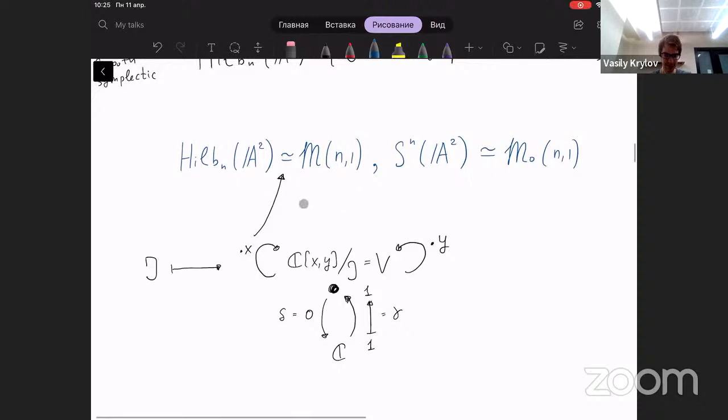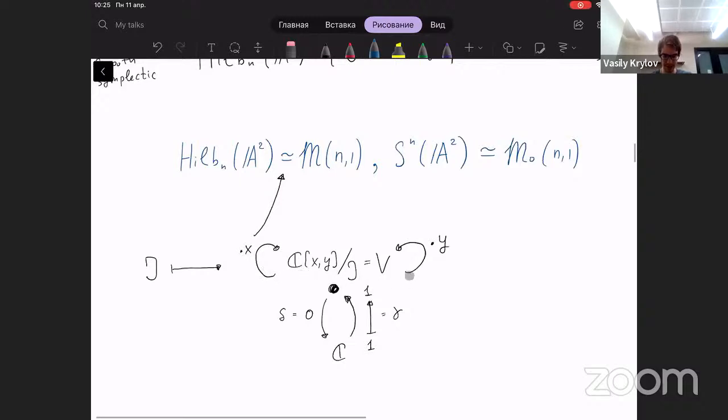And let me say one word about this isomorphism. My point is just that it's rather simple. You start from your ideal J of codimension n, and then you produce the quiver data as follows. Your V will be the quotient of C of xy by this J. Operator x will correspond to multiplication by x on this quotient.